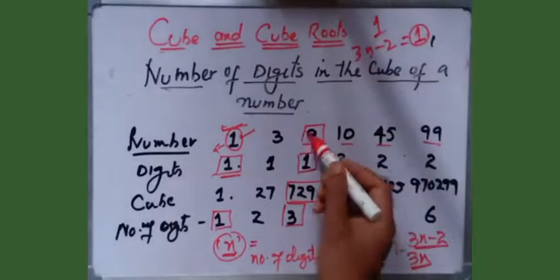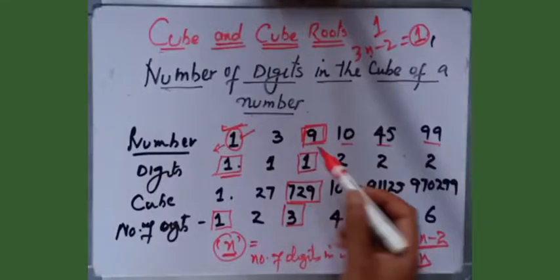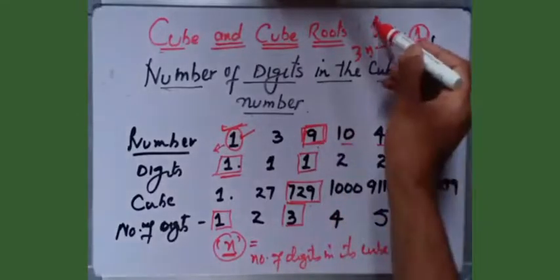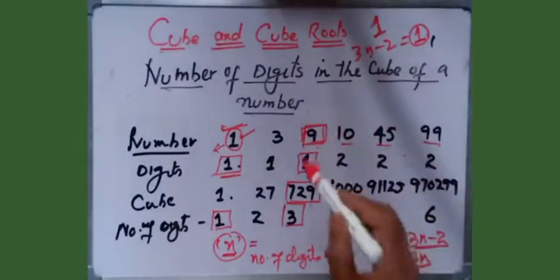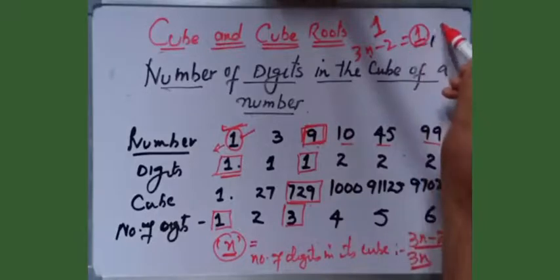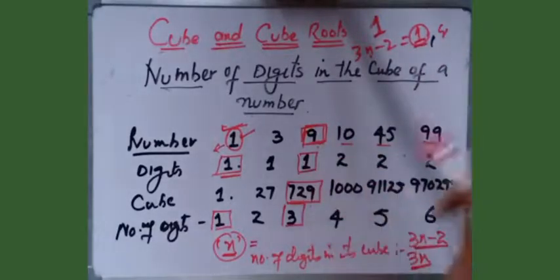Okay, so let's take this example. The number of digits is again 1. The number of digits in its cube will be 1 or it will be 3. So 3 into n means 3 into 1, right?